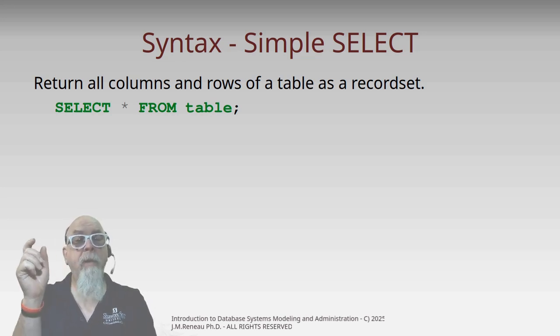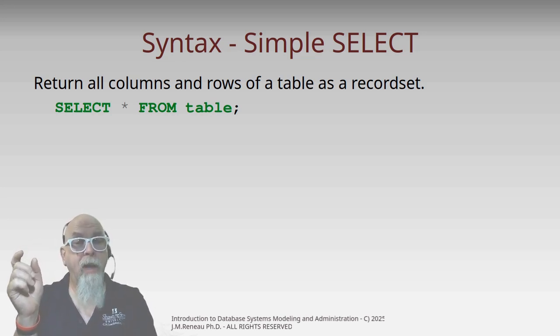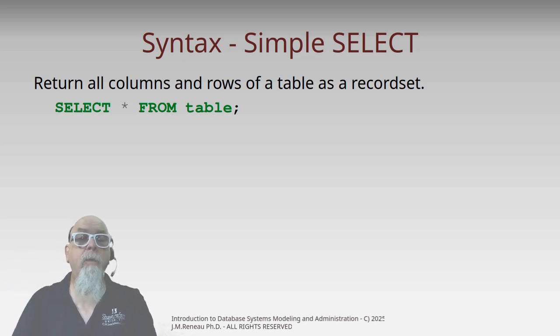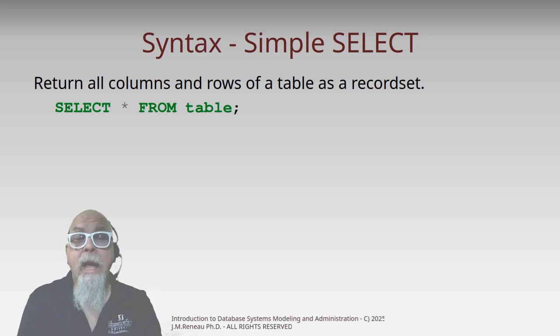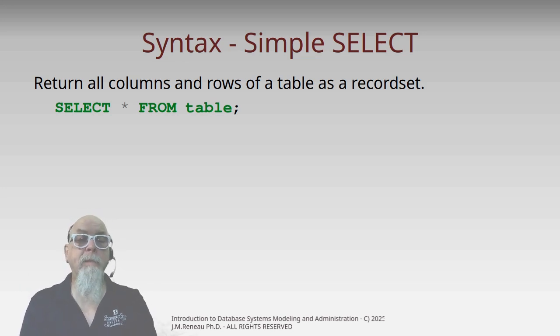The word following from is the table name where we want to get the data from. Remember, all SQL statements must end in a semicolon. So at the end of every SQL statement, you really must use a semicolon.